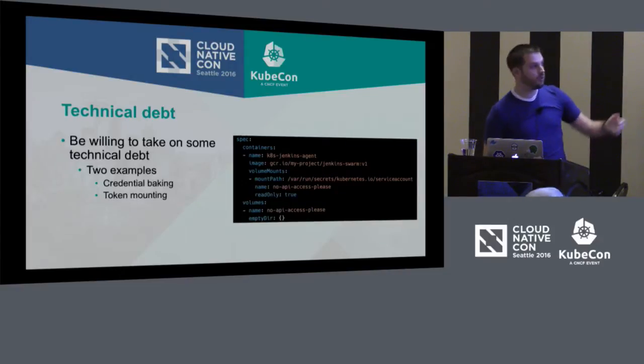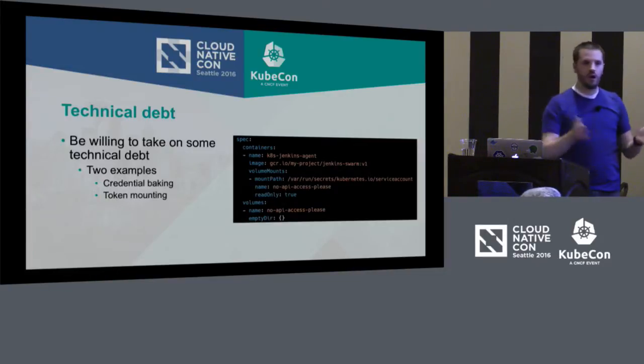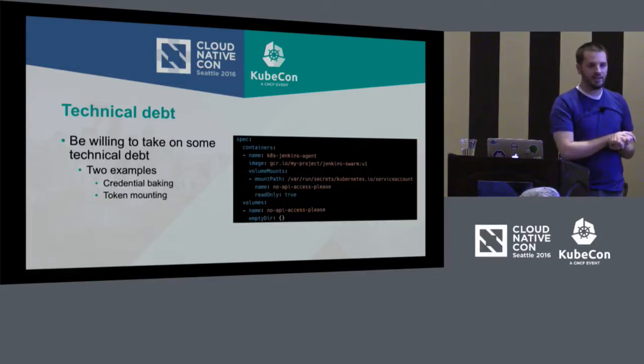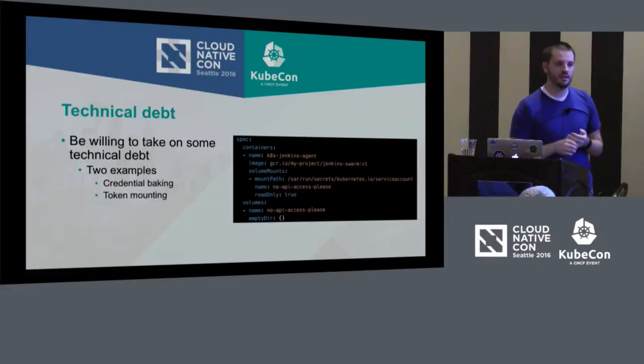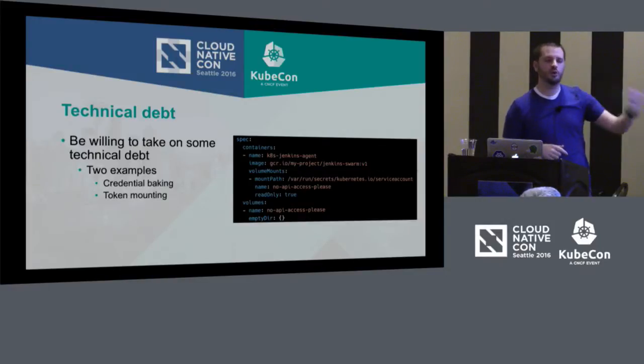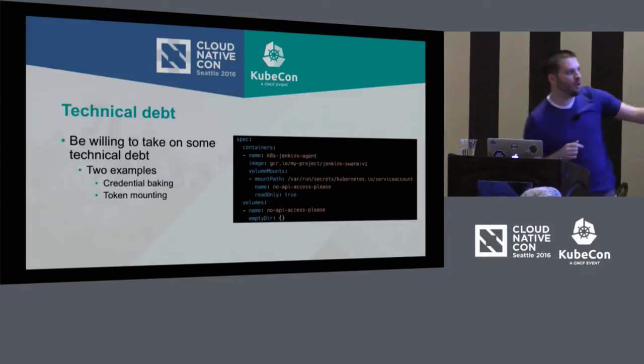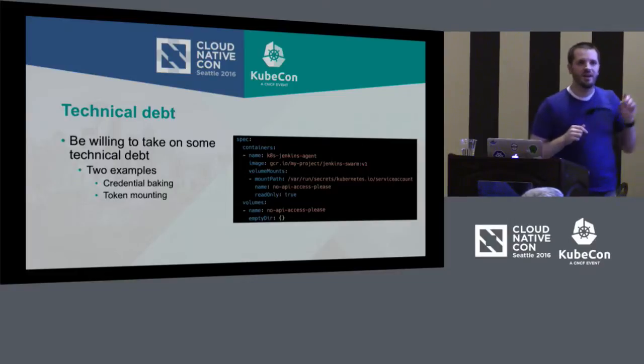The other one, this is actually one that has a good code snippet along with it. For example, if you do not want to have a pod have access to the API, because that token I talked about earlier is mounted by default in every single container, and sometimes you don't want that container to have access to the API. The only way around that right now, they're working on a better solution for this, is you can actually mount an empty volume there.